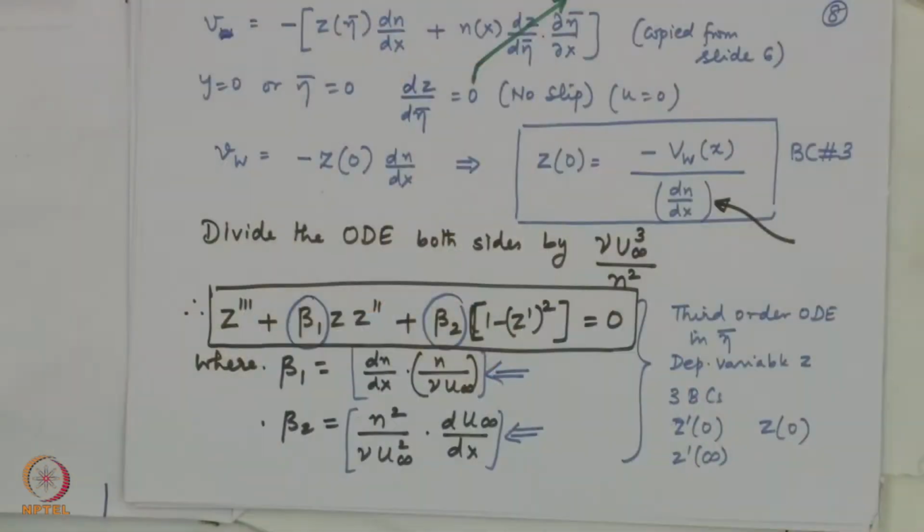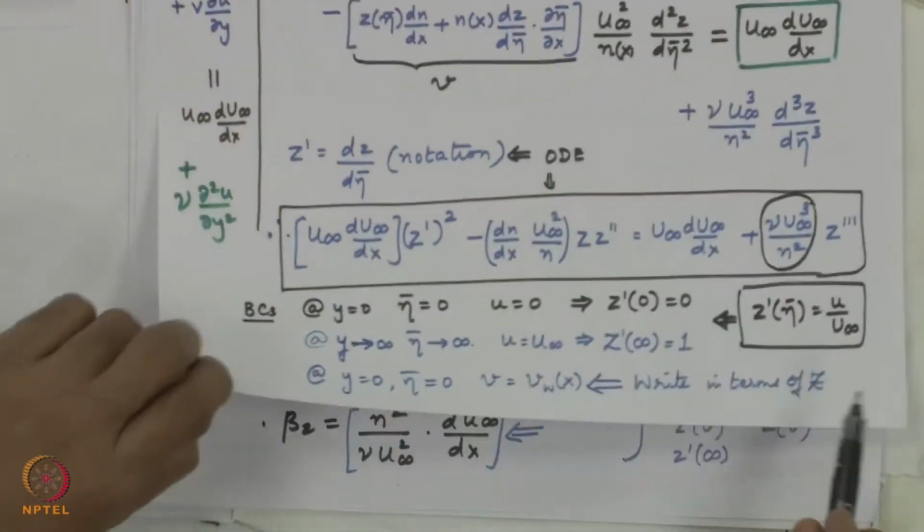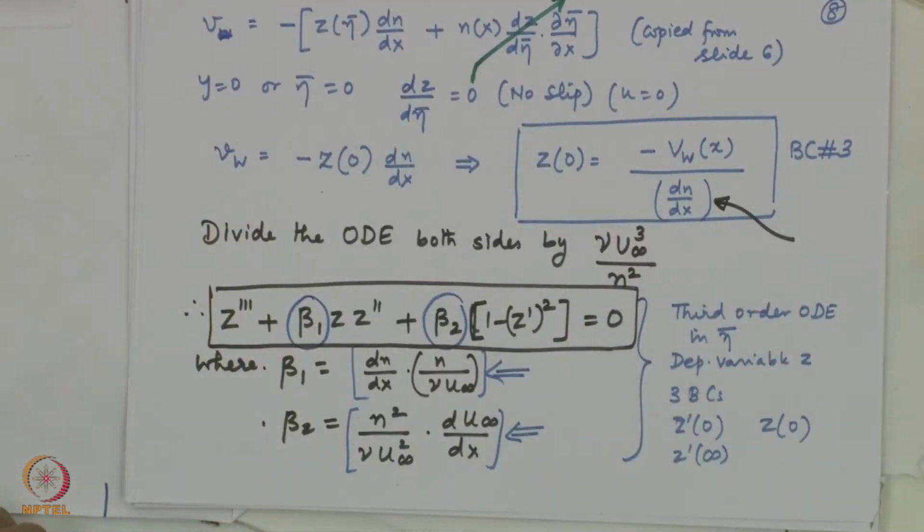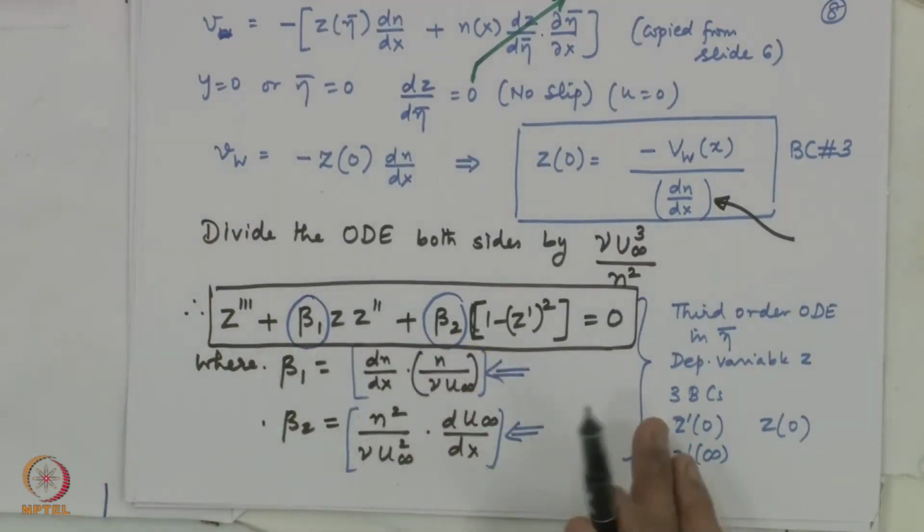So, what we are trying to say is this ODE would be amenable to a similarity solution if and only if there is no x and y dependency in beta 1, beta 2 and any of the boundary conditions. Luckily, two boundary conditions are just numbers 0 and 1, but the third boundary condition has an expression which is a function of x. None of these should be a function of x or y.